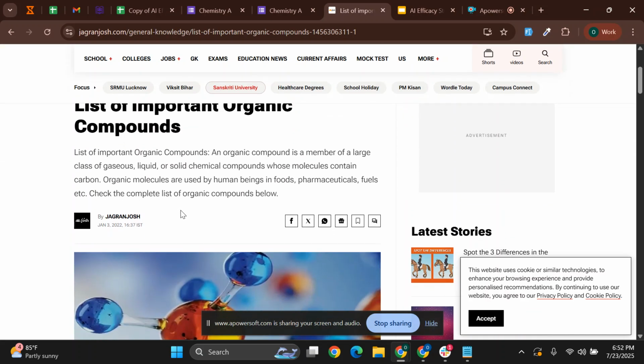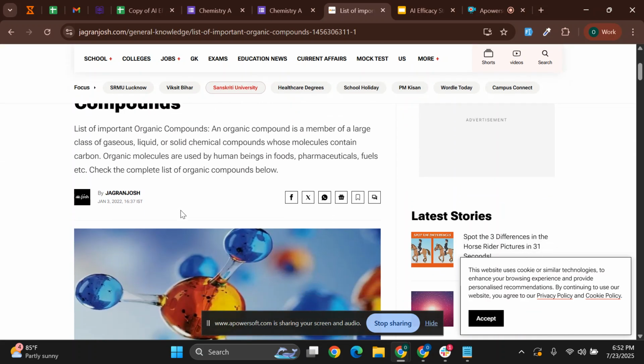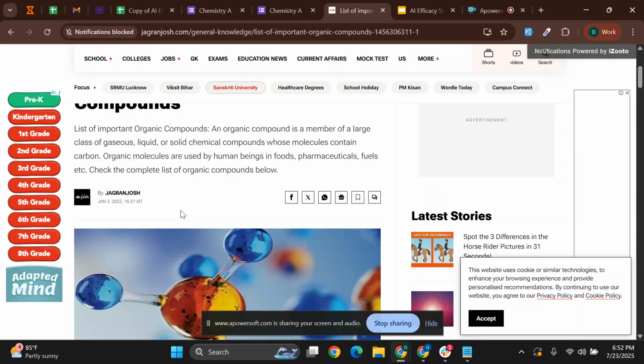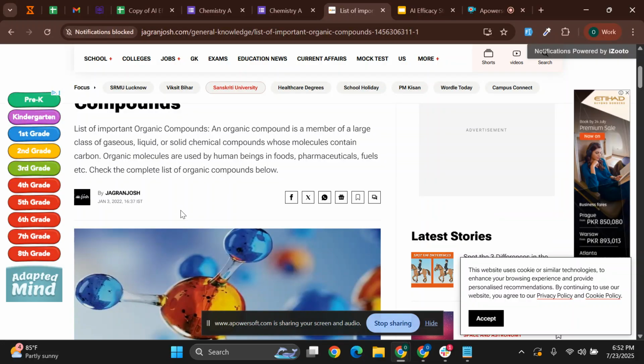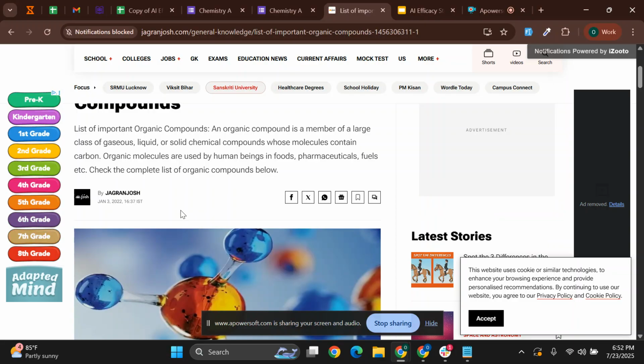An organic compound is a member of a large class of gaseous, liquid, or solid chemical compounds whose molecules contain carbon. Organic molecules are used by human beings in foods, pharmaceuticals, fuels, etc. Check the complete list of organic.